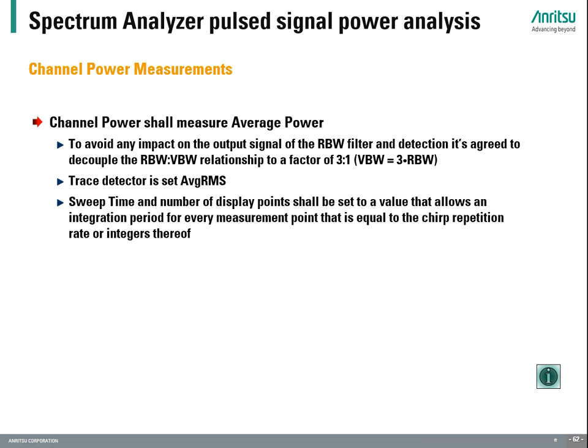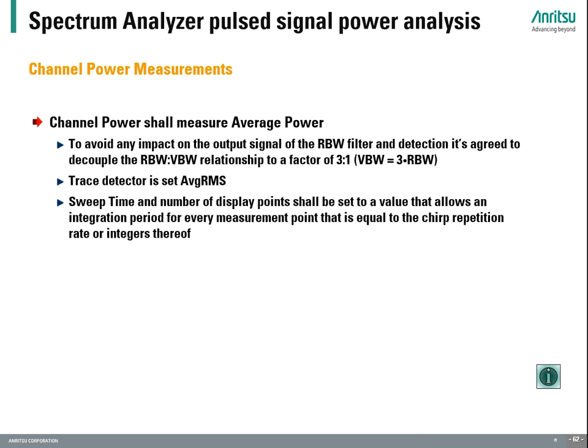Another topic is that you need to set the trace detector to average RMS. And finally, the sweep time should be sufficiently long to allow an integration period for every measurement point that is equal to the chirp repetition rate or integers thereof.